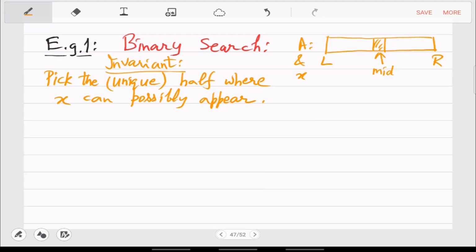Okay, so the important thing here is that I think the uniqueness is not very important. What is important is the half that you declare should have x if x is present at all in the array. The half that you pick, if it doesn't have x in the end, then it means that the array did not have x. So that is the invariant you have to write and prove.